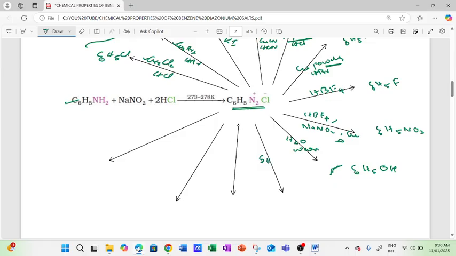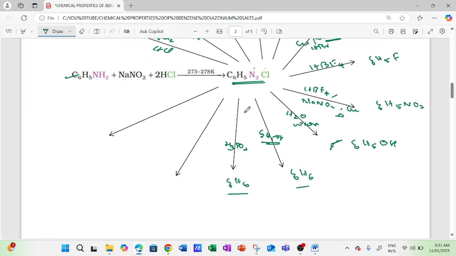Again, if you add C2H5OH, ethanol, you will get C6H6, benzene itself. Instead of ethanol, if you add H3PO2, then also you get the same product, that is C6H6, benzene. So for benzene, there are two methods, by adding ethanol or by adding H3PO2.